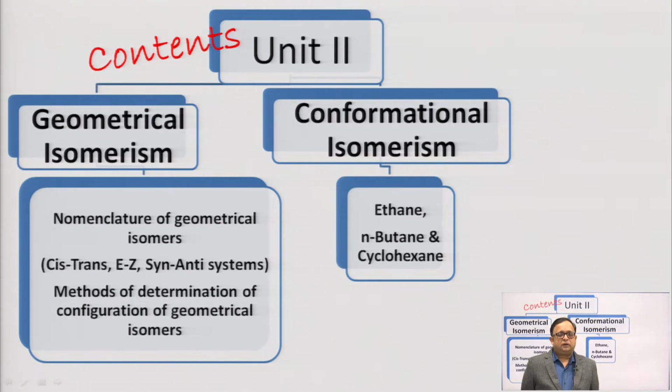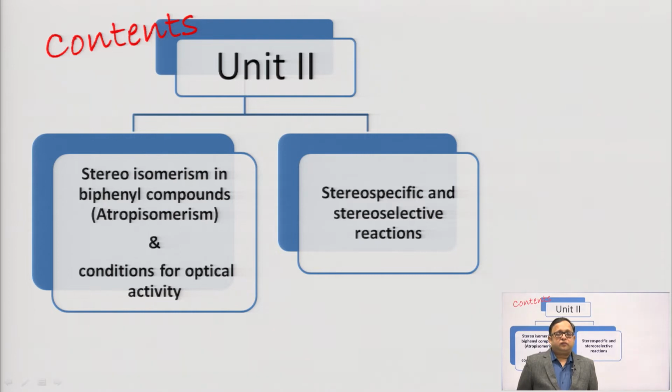It also deals with conformational isomerism, that is ethane, n-butane and cyclohexane. This unit also deals with stereoisomerism in biphenyl compounds, also known as atropisomerism, and the conditions required for optical activity. This unit also explains various stereospecific and stereoselective reactions.